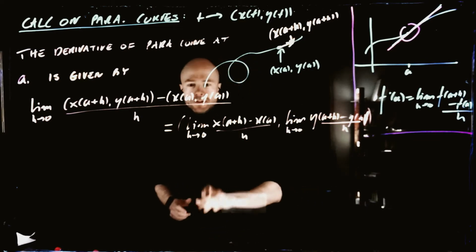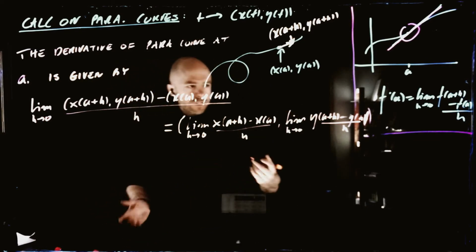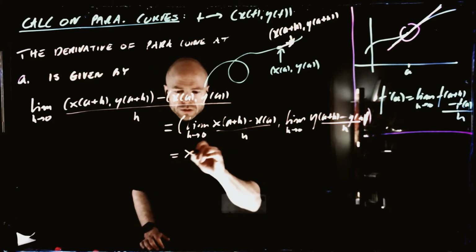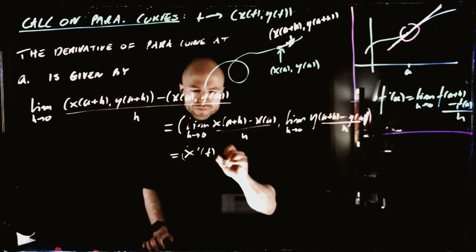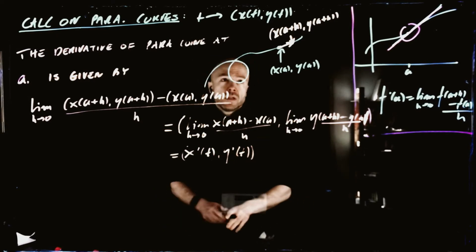If these coordinate functions x of t and y of t are differentiable, then this is just equal to x prime of t, y prime of t, which is a vector.